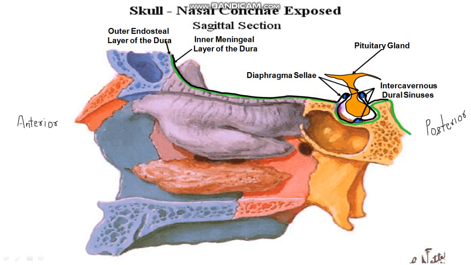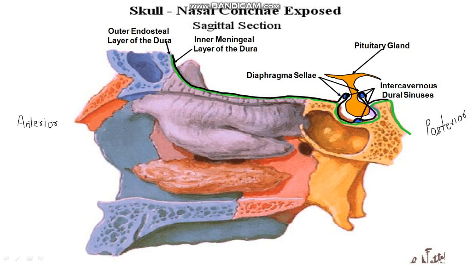When it is folded at the tuberculum sellae, it lodges the intercavernous dural sinus, which is the anterior intercavernous dural sinus. Then later on, at the floor of the sella, again you can see it is a fold, moving like this, and it is an intercavernous dural sinus here.